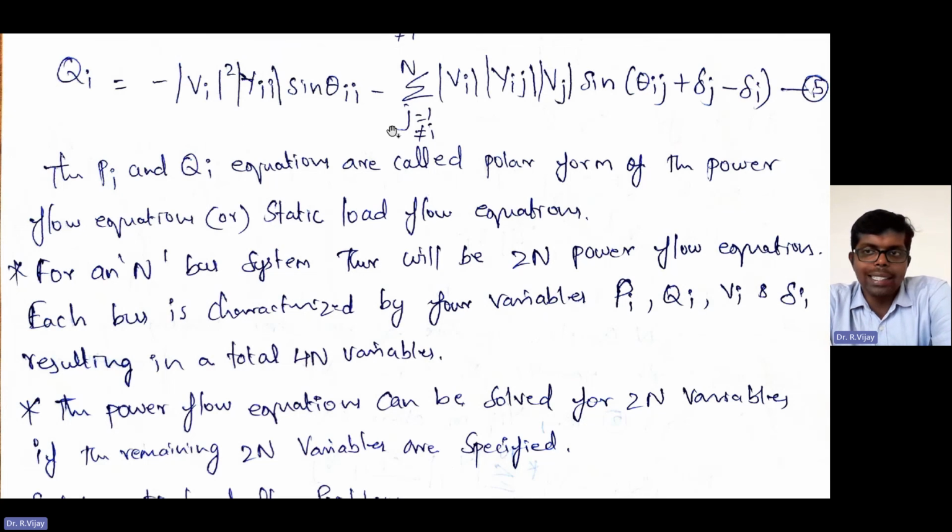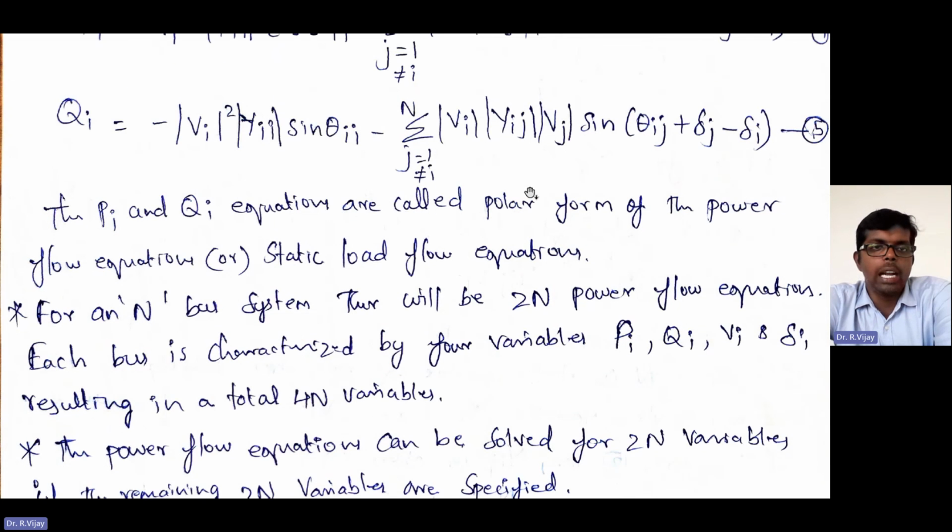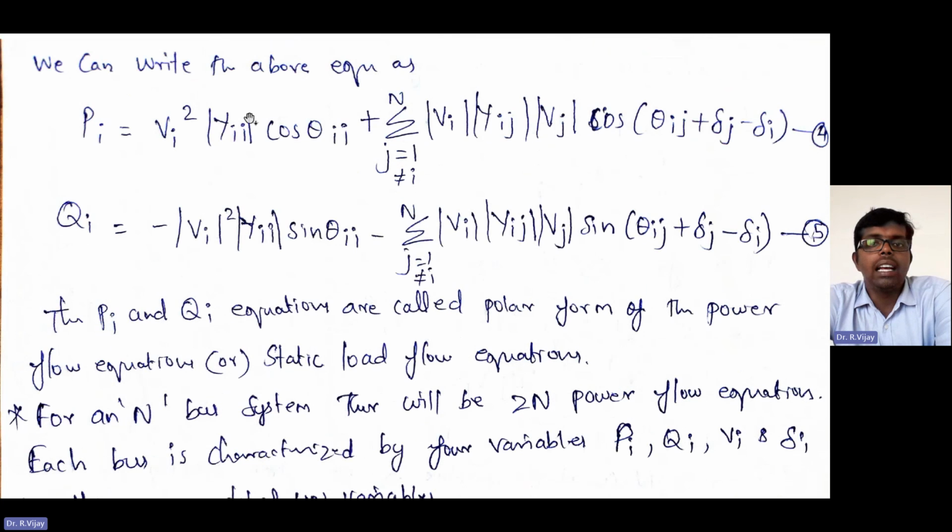If you understand this, you can easily solve using the Gauss-Seidel method, Newton-Raphson method or fast decoupled method, because there we are using this Pi, Qi and so on. You know where this Pi and Qi come from: the power flow equation or static load flow equation.